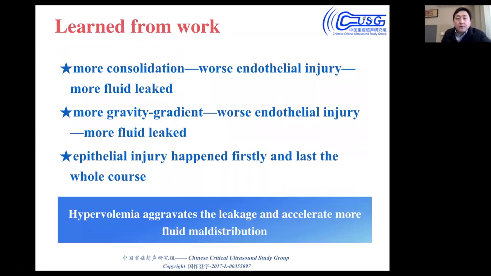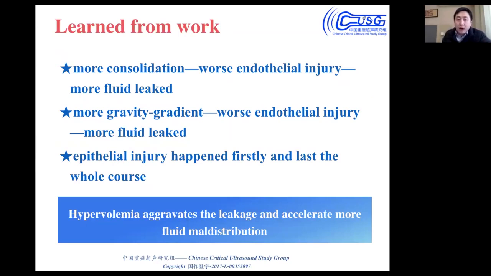And what we learned from the work, there are signs that indicate the patient got more fluid leakage. If you see more consolidation, that means worse endothelial injury. If you see more gravity gradient, that means worse endothelial injury.